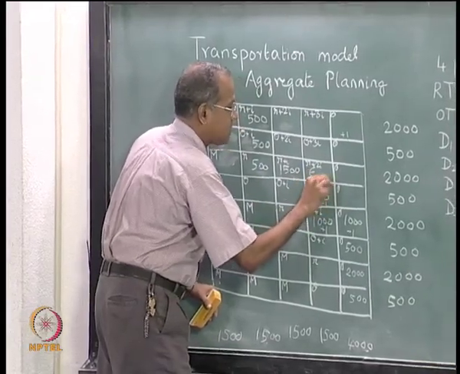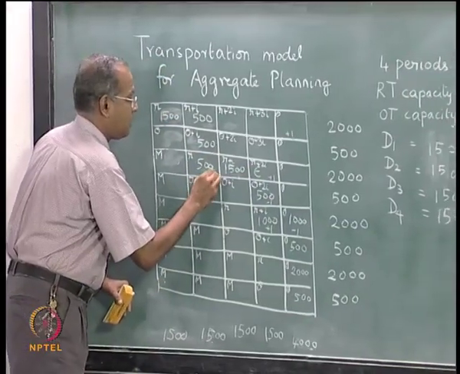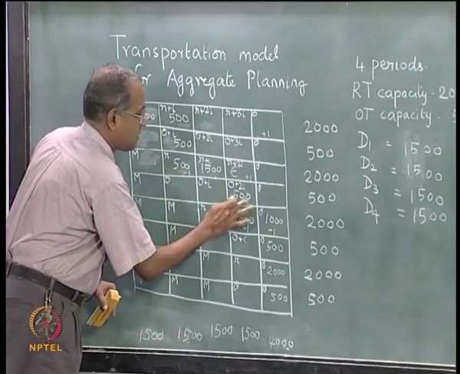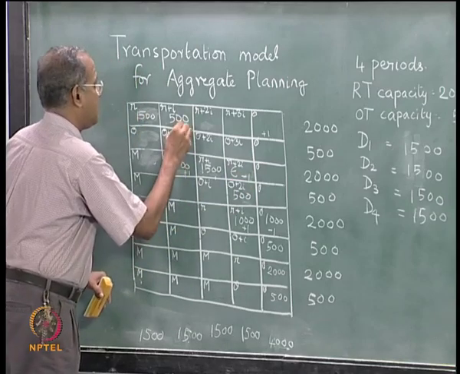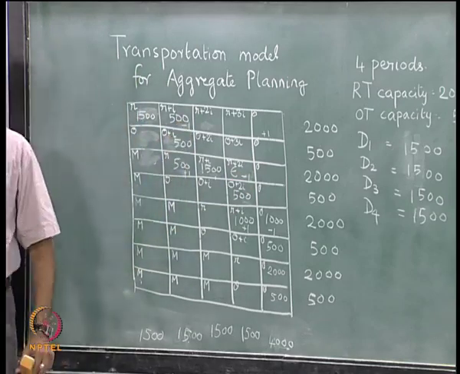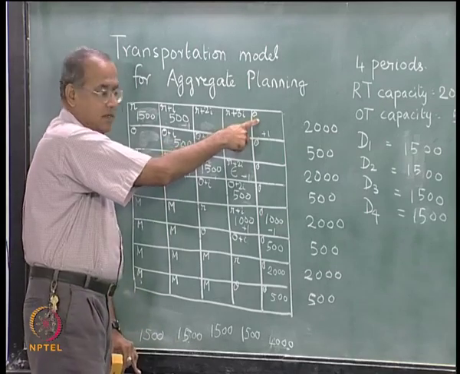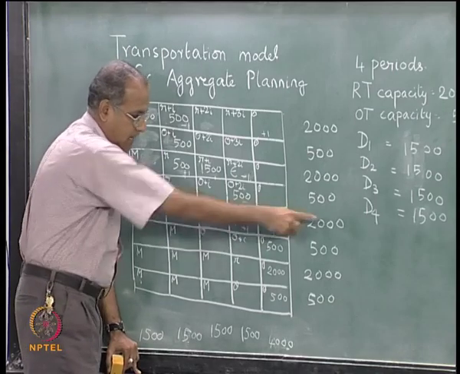So, plus 1 here, minus 1 here, plus 1 here, minus 1 here, so that it gets balanced. Let me repeat it. If I put a 1 here, then to balance it I have to put a minus 1 here, and a plus 1 to balance here.